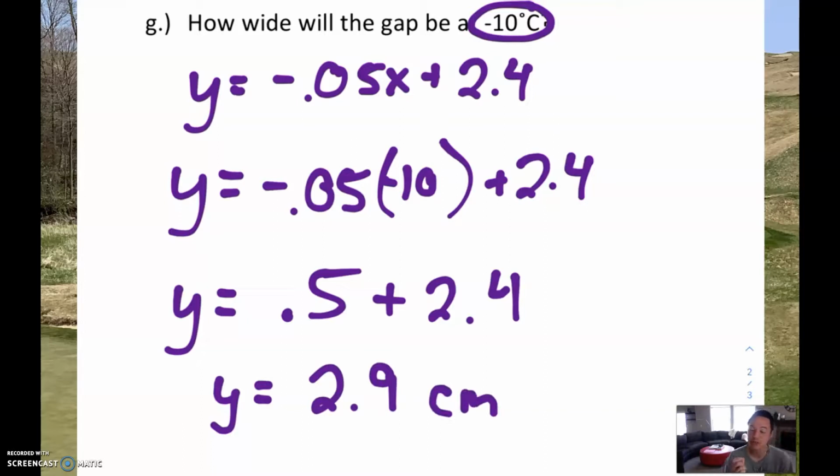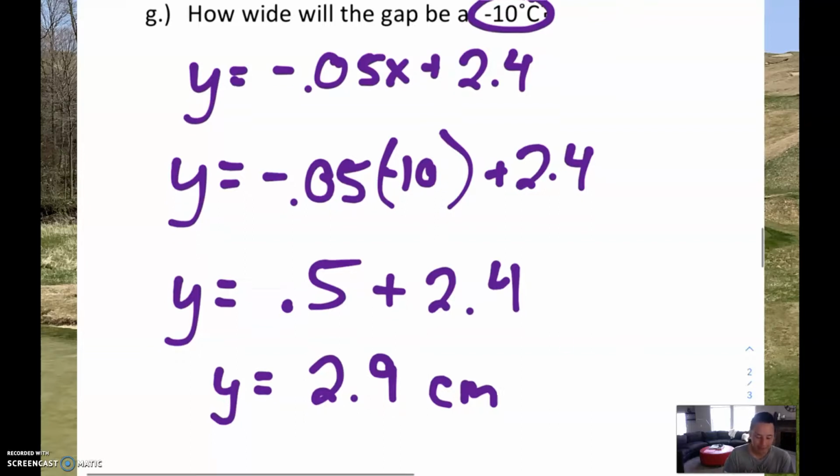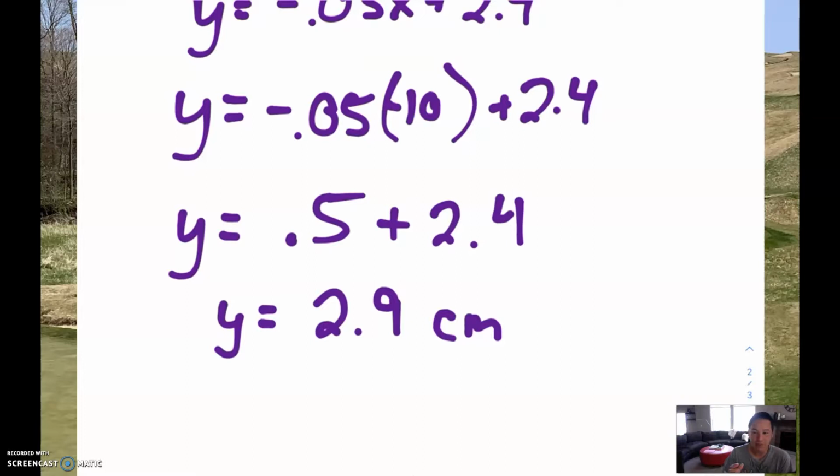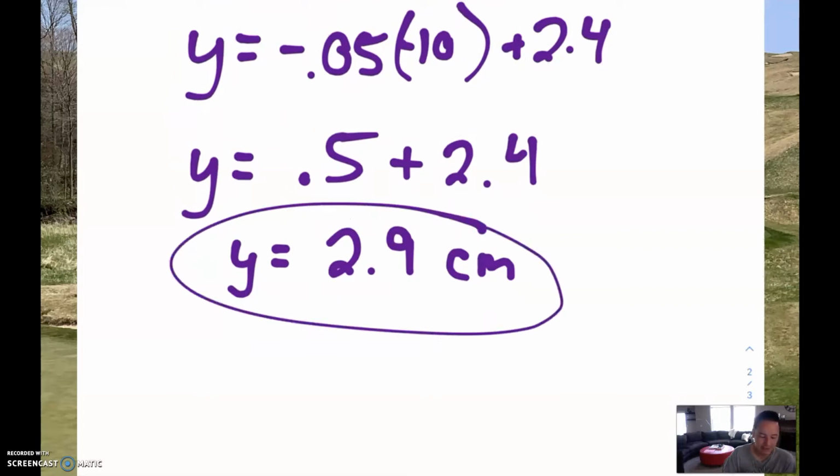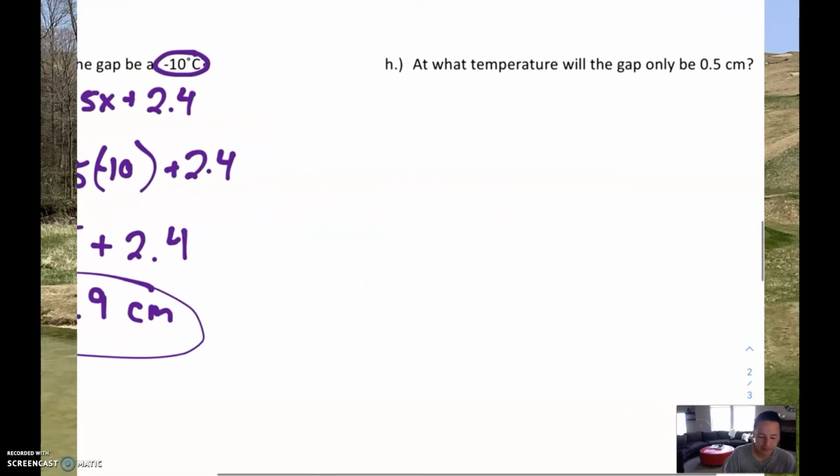So when it's really, really cold outside, negative 10 degrees Celsius, that's getting closer to like 10 degrees Fahrenheit, somewhere around there, that's when the gap starts to get bigger because the roads have shrunk a little bit, so the gap between them is now bigger. So that's why you see it as 2.9 centimeters. The gap is growing. So there is your size of the gap when it's negative 10.